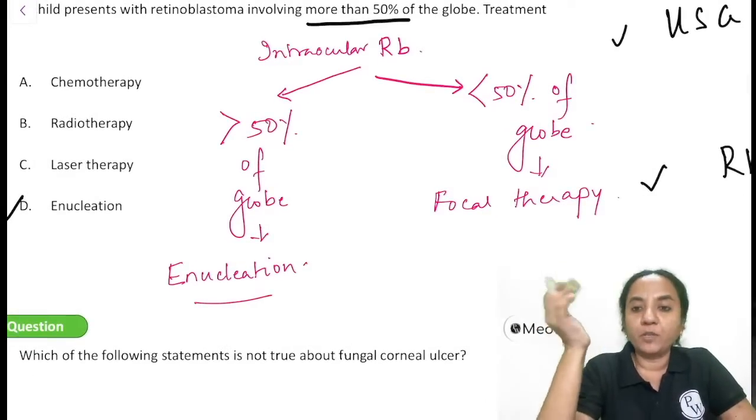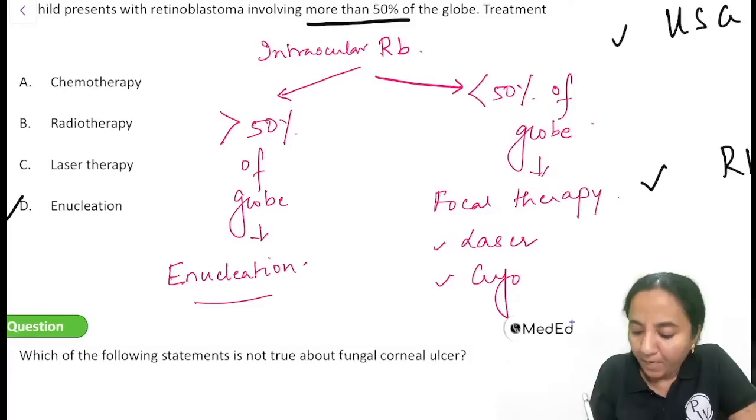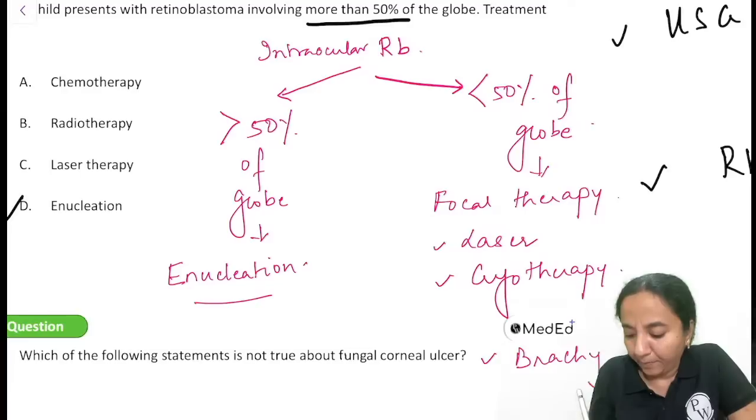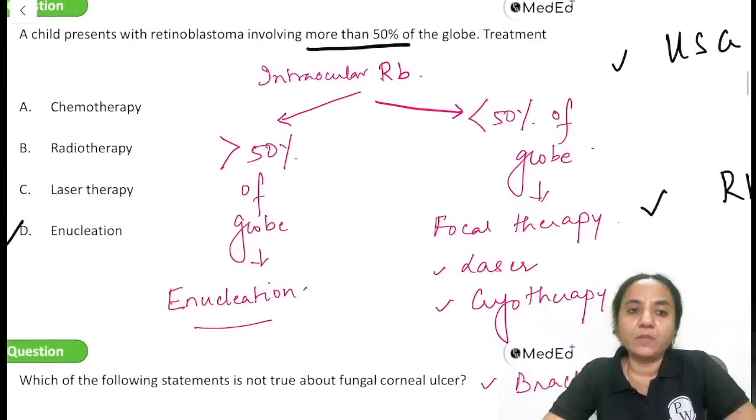Now, what are the options of focal therapy? Focal therapy options are, it can be laser therapy, it can be cryotherapy, or it can be brachytherapy. Okay, so in this question, it is more than 50%. So that's why it is enucleation.